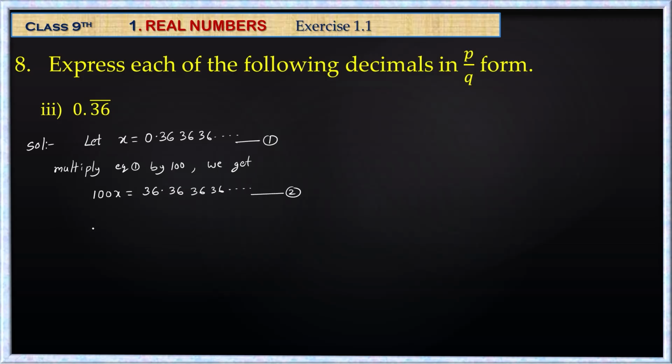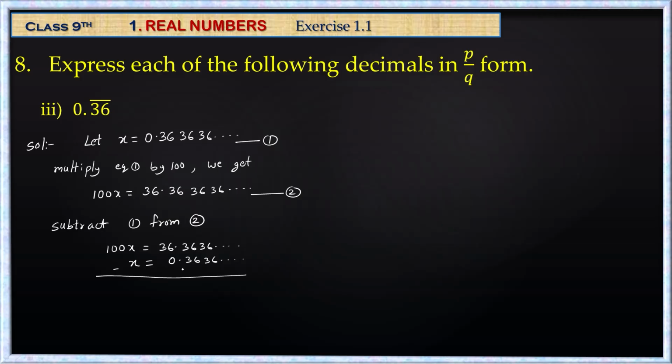So subtract 1 from 2. So 100x is equal to 36.3636 and so on, and x is equal to 0.3636 and so on.